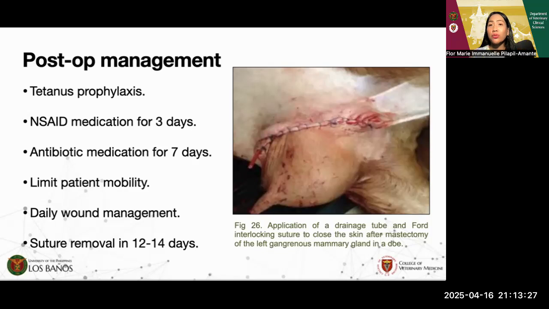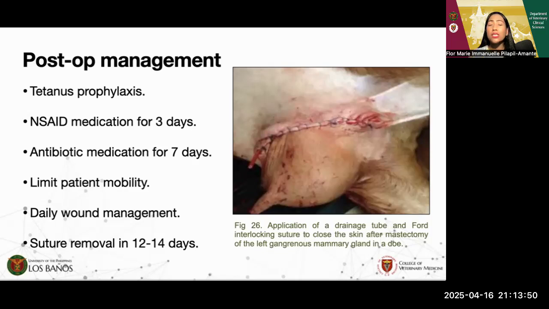Antibiotic medication was done for at least 7 days up to 12 days. It is important to limit the mobility of the patient to prevent suture dehiscence. Daily wound management should be properly done to prevent any wound infection, and suture removal can be done as early as 10 to 14 days.